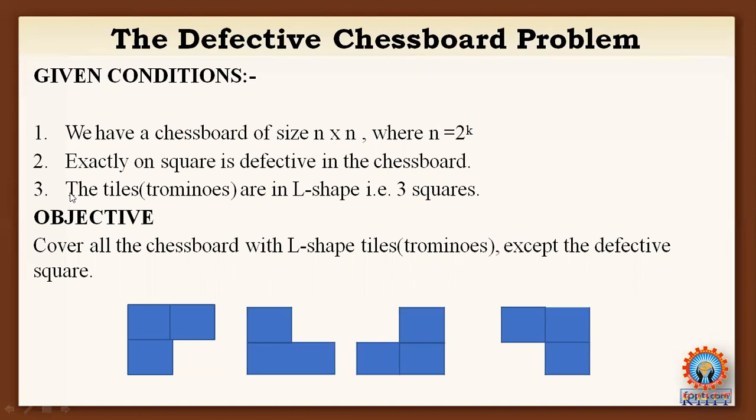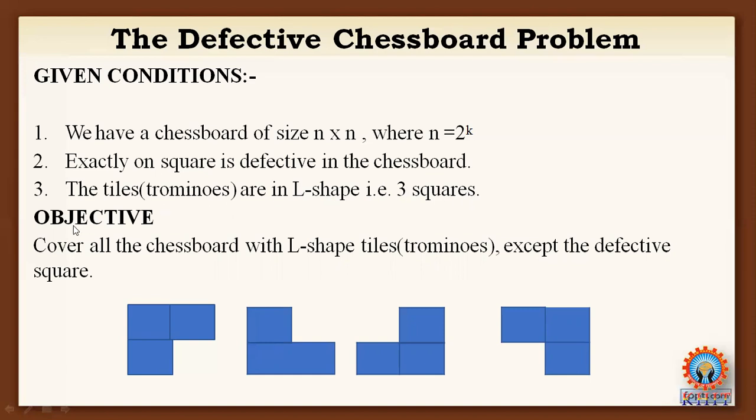Here we can consider a tile. Another name for a tile is tromino. A tile or tromino is L-shaped. It is a combination of three squares.